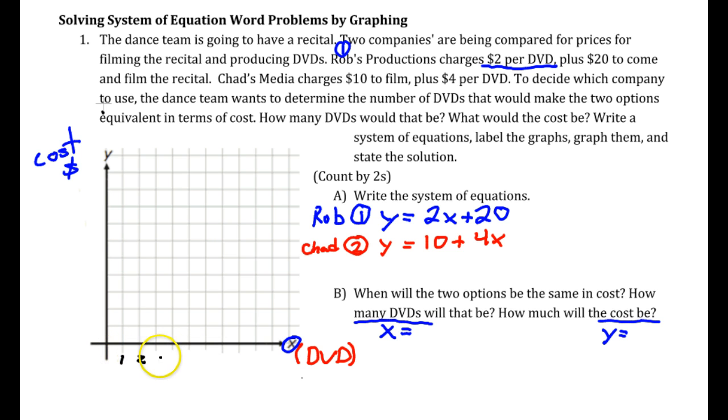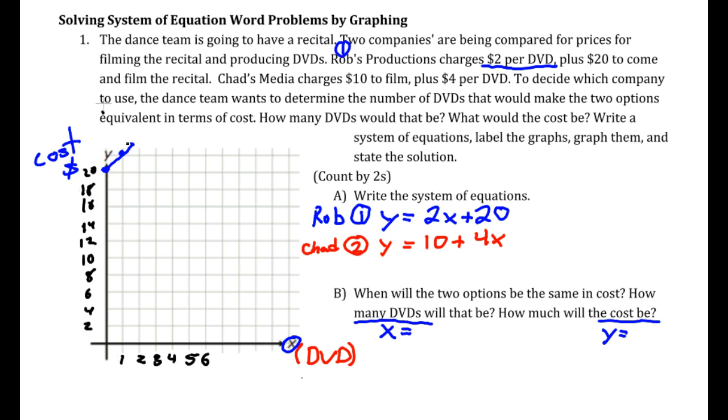If you try going by the number of DVDs, 1, 2, 3, 4, 5, 6, and so on, and here 2, 4, 6, 8, 10, 12, 14, 16, 18, 20. Rob is starting at 20 and going up 2. So here's 20, and if I go up two more dollars, that's going to be right here.